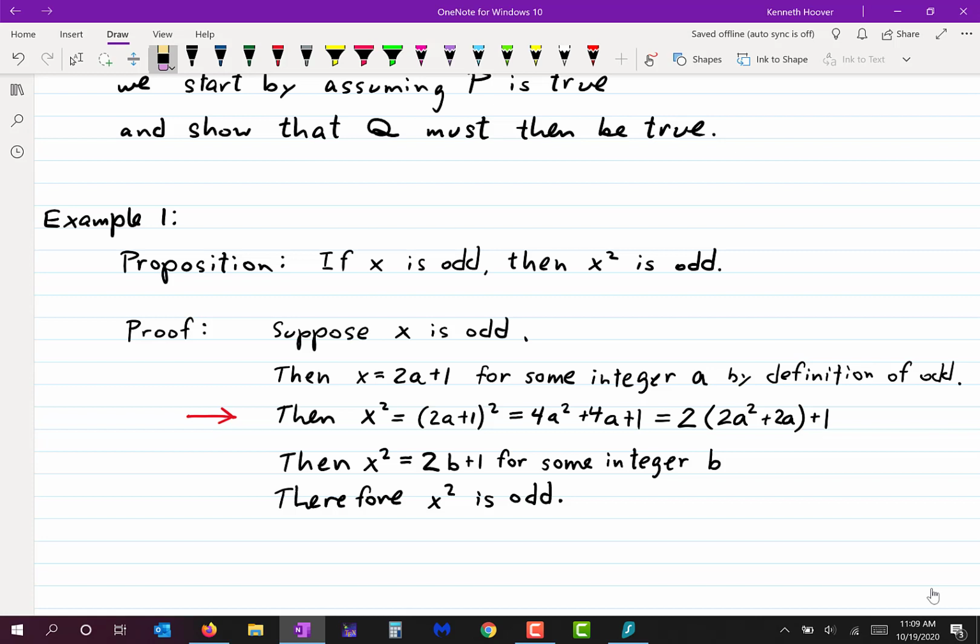Personally, I suggest that if you are going to be doing some basic algebra, try to have that in lines by themselves. You see, I have a stretch of algebra there, three equalities, and I have them in a line by themselves. And then I stopped that line there.